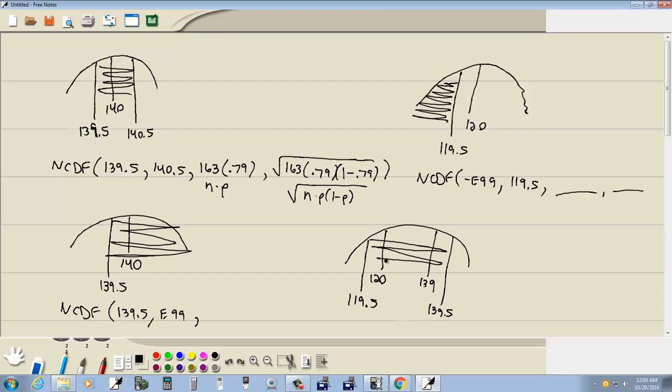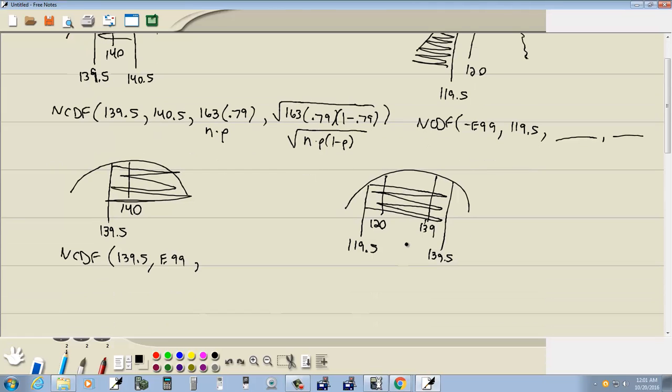Because we're shading in between, and if our wording includes these two numbers, our shading should. I won't actually plug this one in, but what you do is you do your normal CDF, 119.5, comma, 139.5, and then your other two parameters the same as the previous two problems.